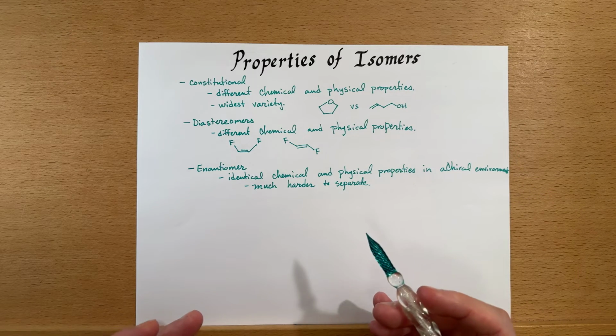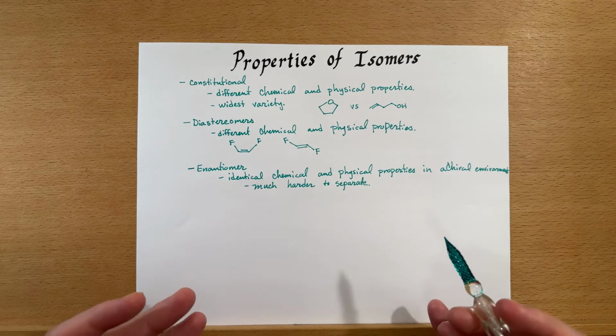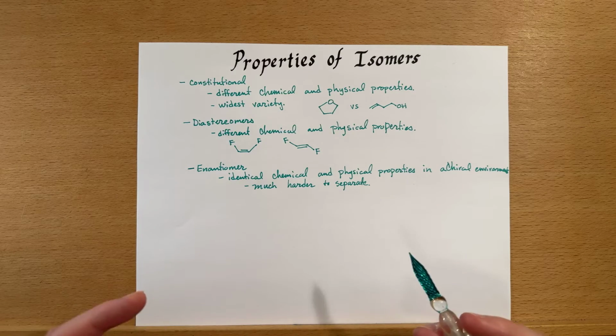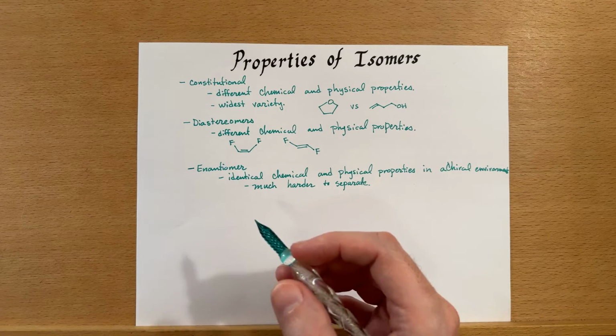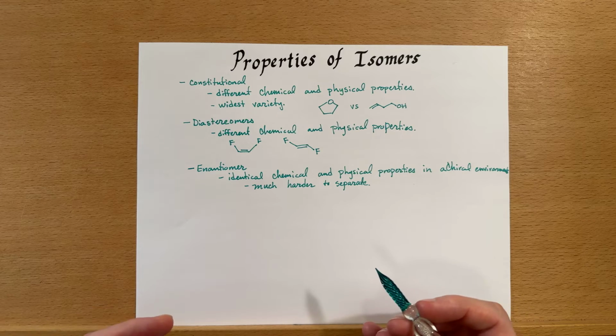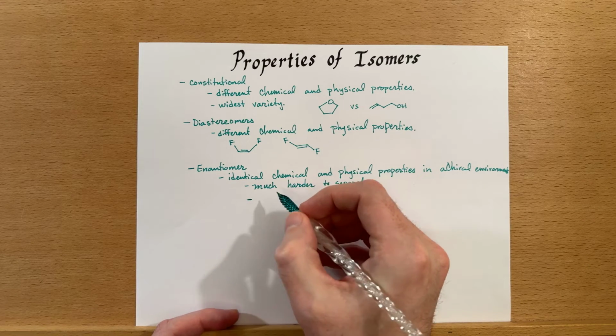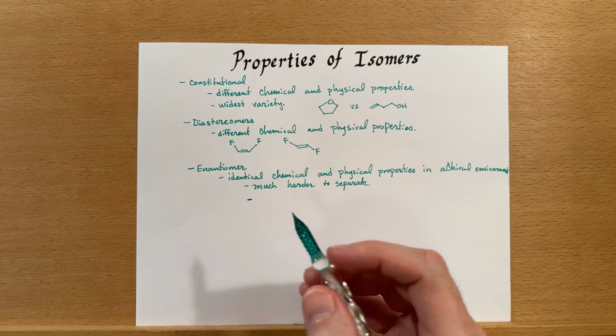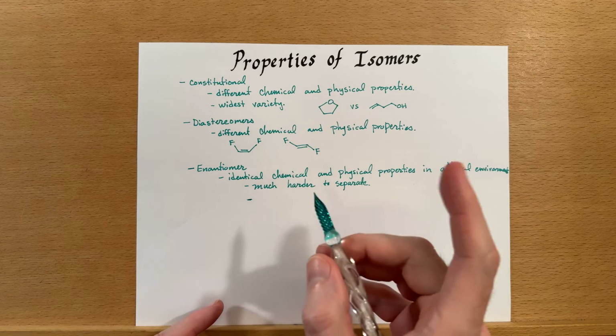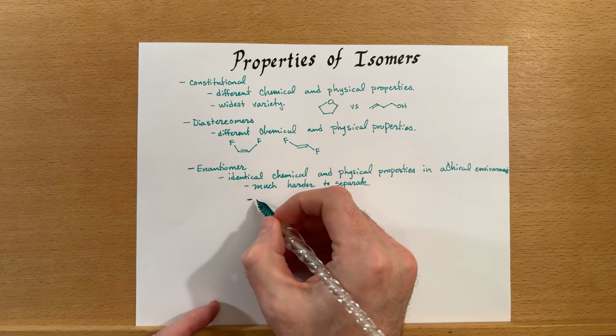And since both of these in an achiral environment are equally probable, we often make racemic mixtures. That's what we call them. And a racemic mixture is just a 50-50 mixture of the two enantiomers.